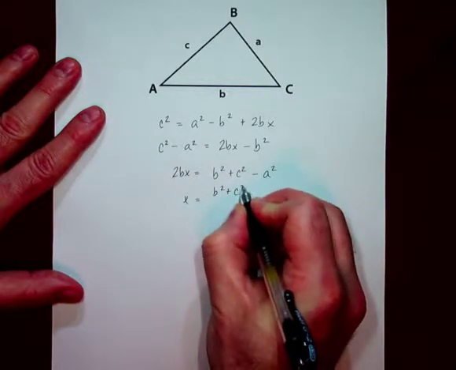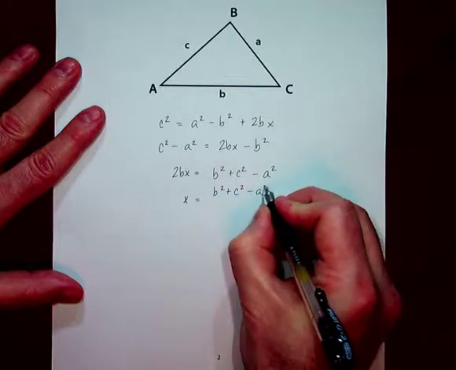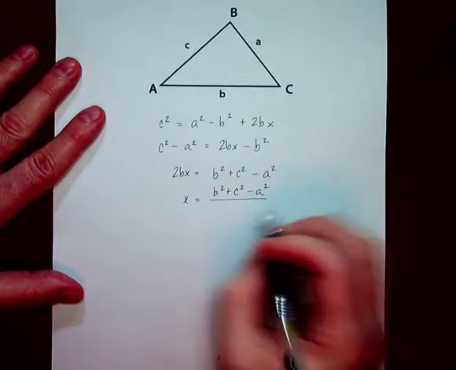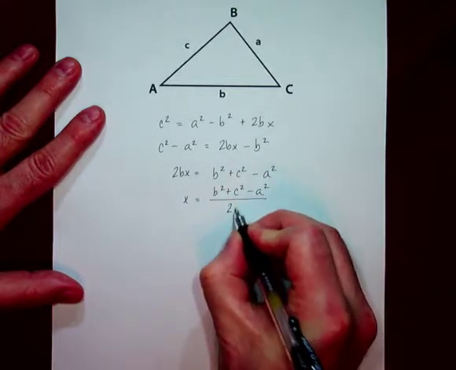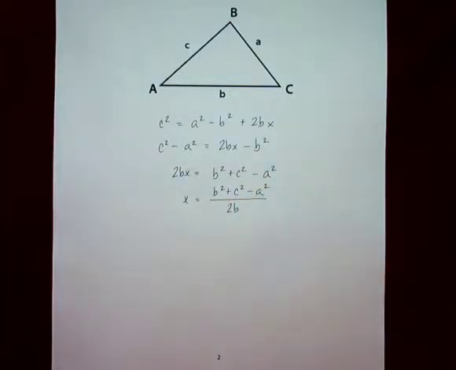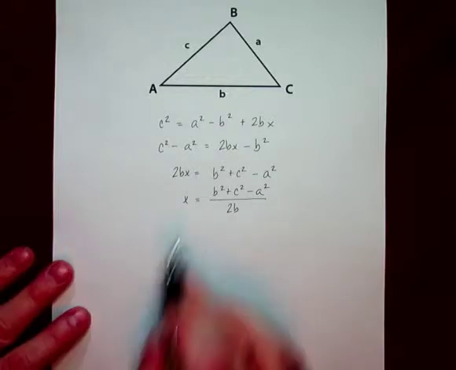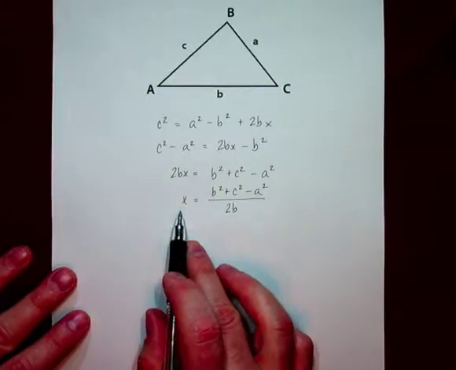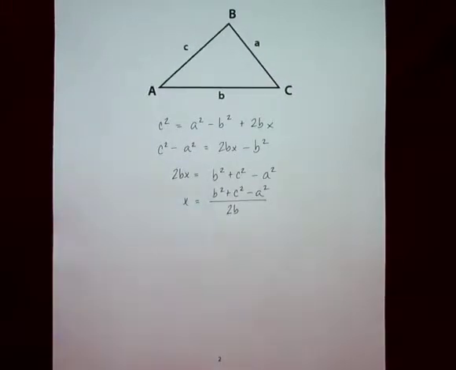Remember that what we want in the end is a formula that is based on everything that is part of the triangle itself, right? So ultimately we don't want a formula with x in it. We want x to sort of disappear.